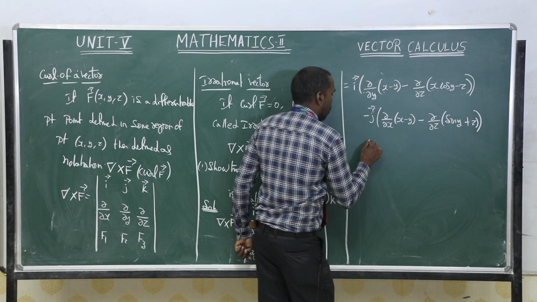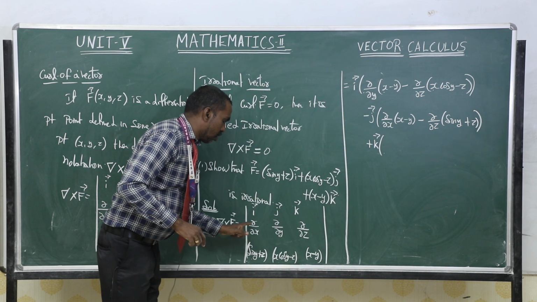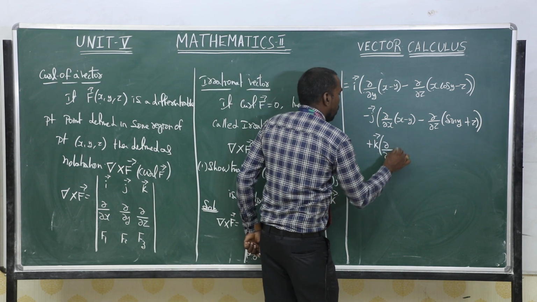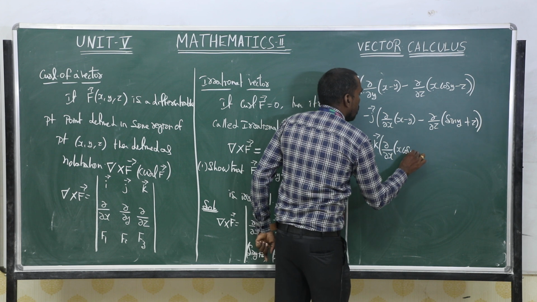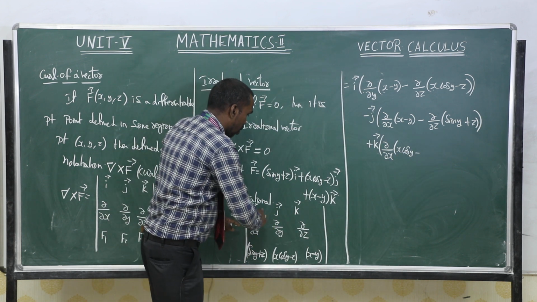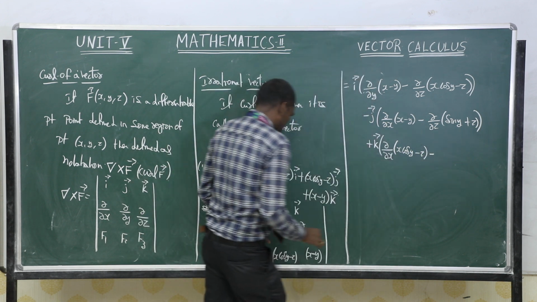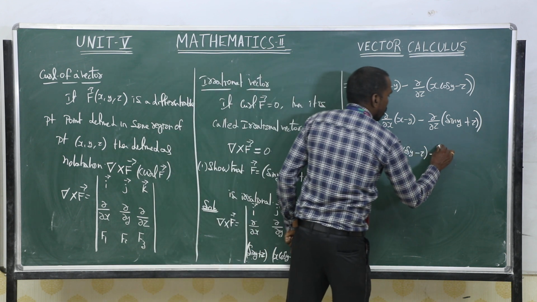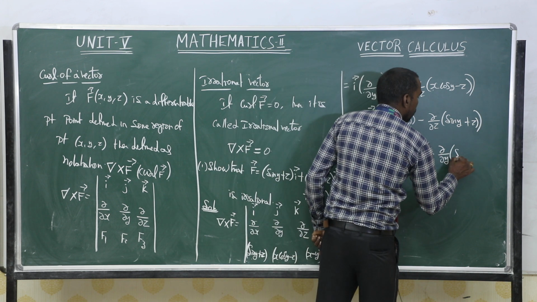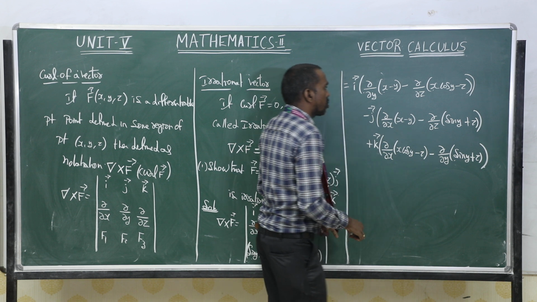Plus k vector of dou by dou x of x cos y minus z, minus dou by dou y of sin y plus z.